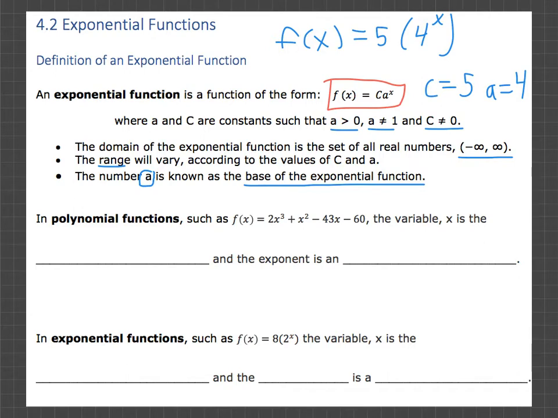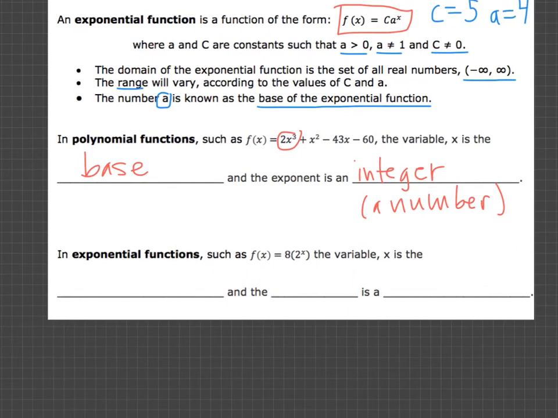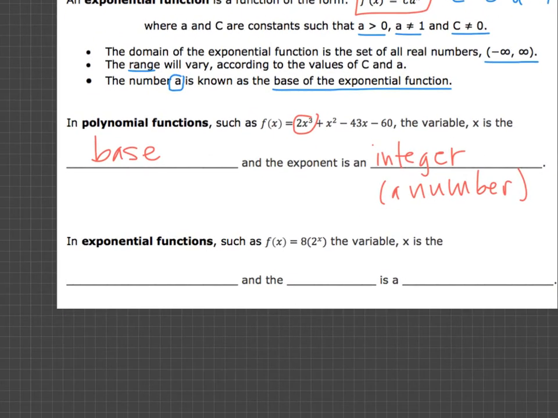Now let's look at differences with polynomial functions. In polynomial functions, the variable x is the base, right? And it has an exponent that is a number, specifically an integer, some fixed number. If we now look at exponential functions, here's an example: f of x equals 8 times 2 to the x.